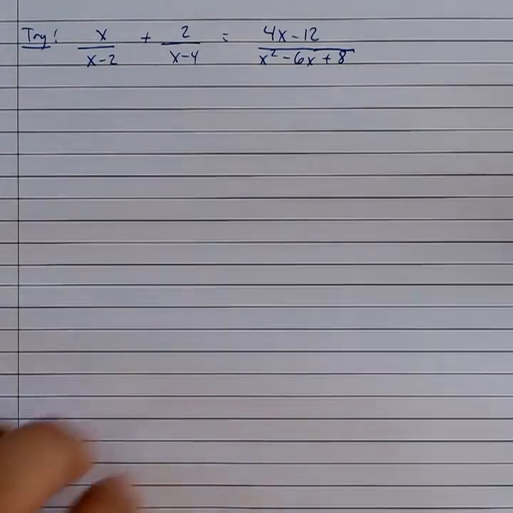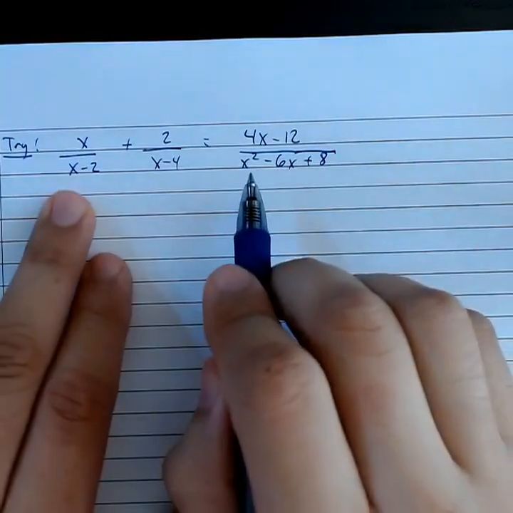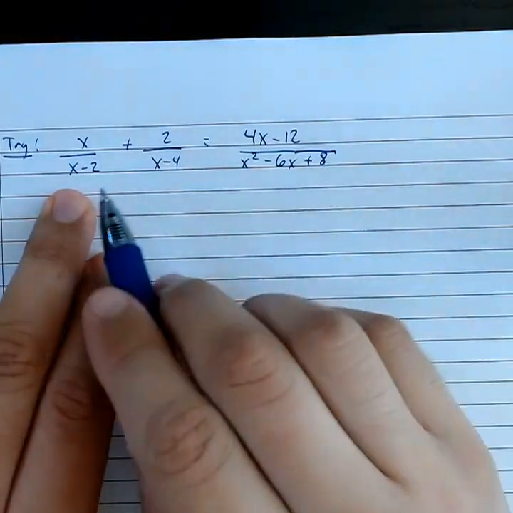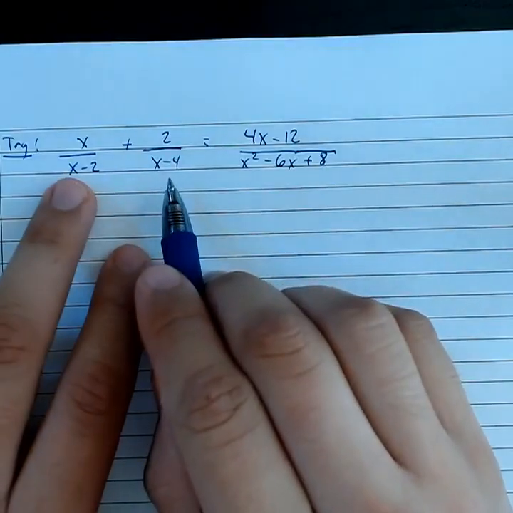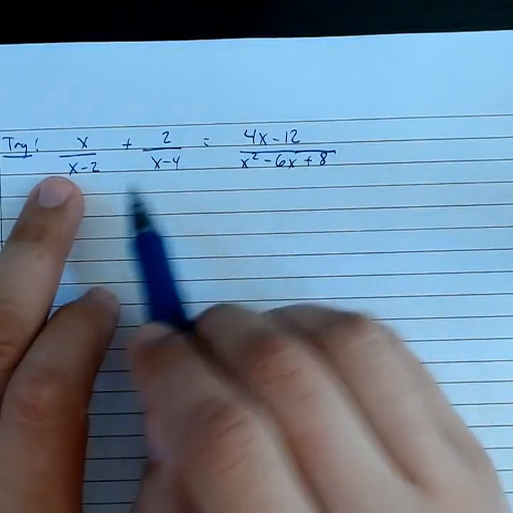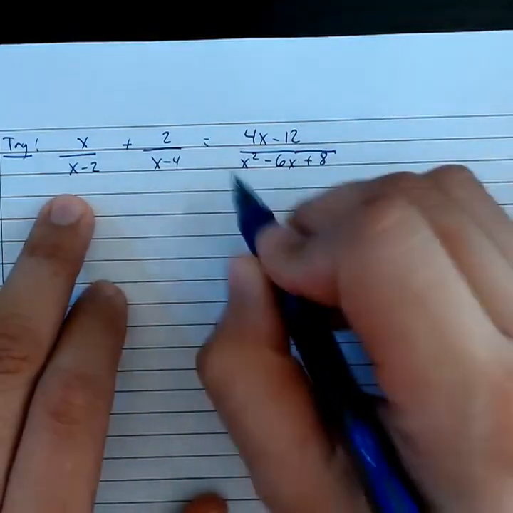All right, so let's take a look here. First of all, what we want to do is factor our denominators, or at least the ones that can be factored. Here you notice these are both linear. They don't have any common factors, so there's nothing you can really do to those. But this one can be factored.